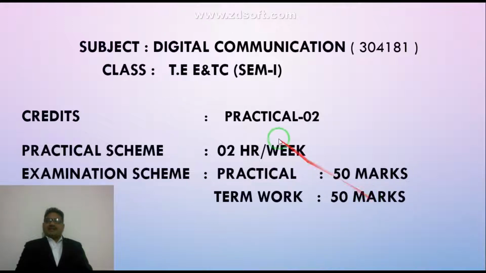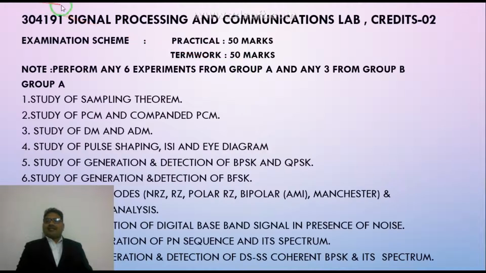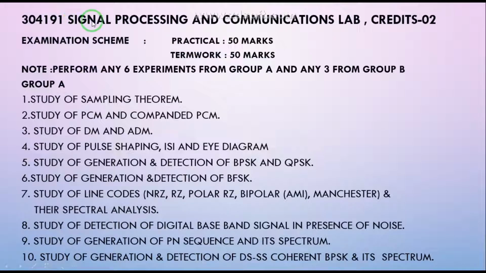And this lab practice of digital communication is combined with your signal processing, that is the DSP subject. So together, signal processing and communication made one lab which has 2 credit points. So in your examination, either you have to perform a practical from DSP or digital communication.